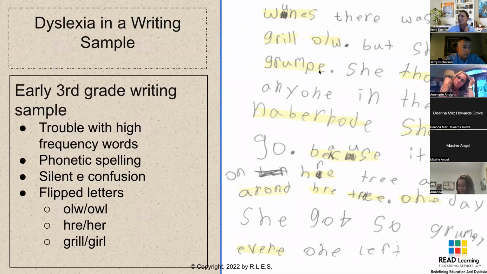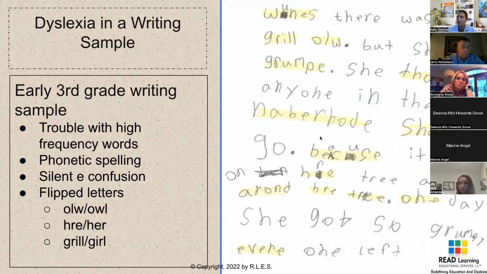But these are all very typical spelling patterns you're going to see in a younger student. Words they've seen for a few years already in school, hundreds of times, and they're being spelled wrong, like the word because. It is a big word, but by third grade, usually kids have that word down pat.